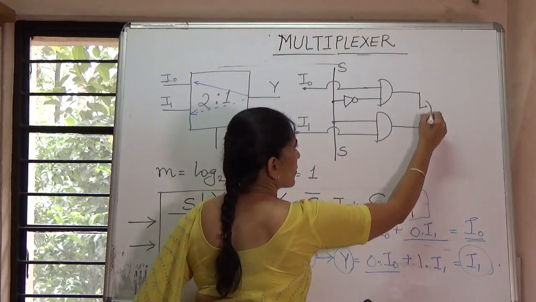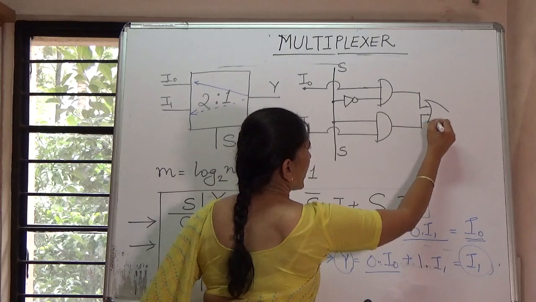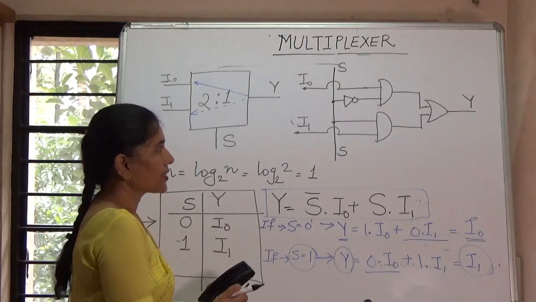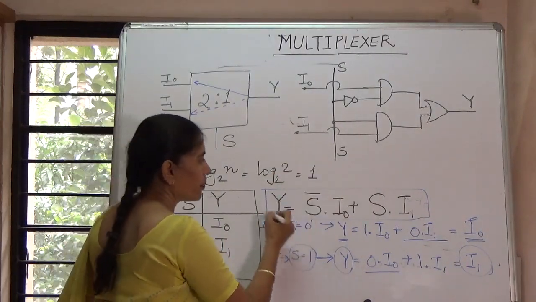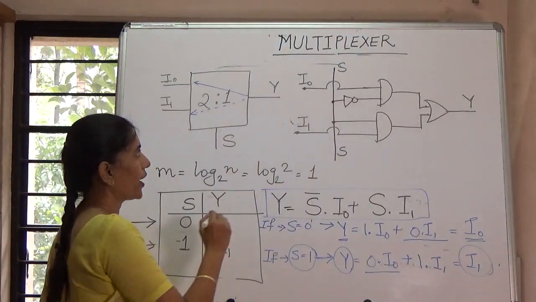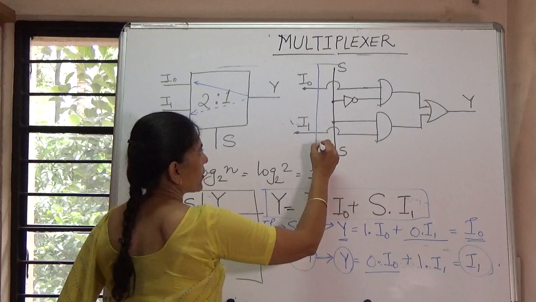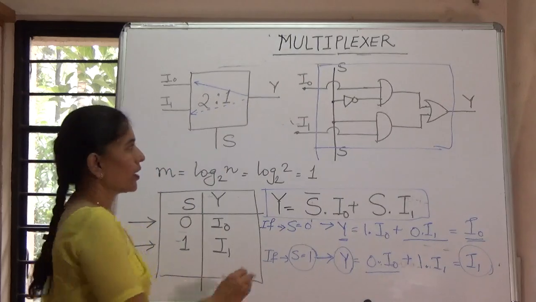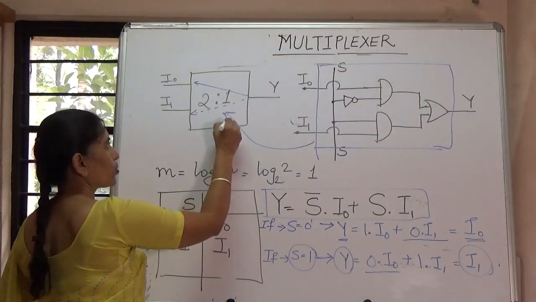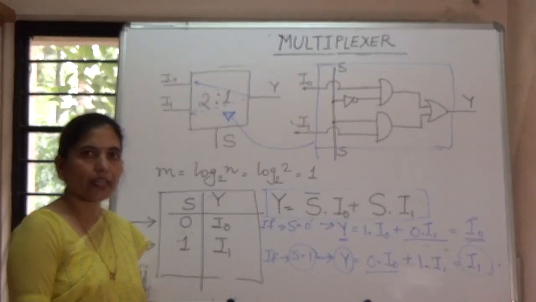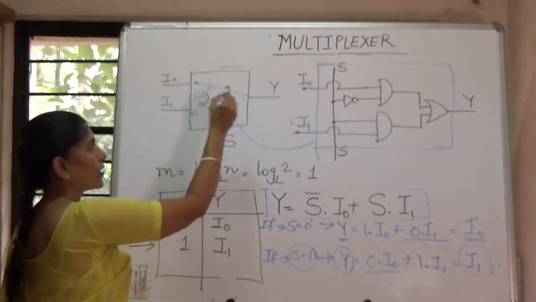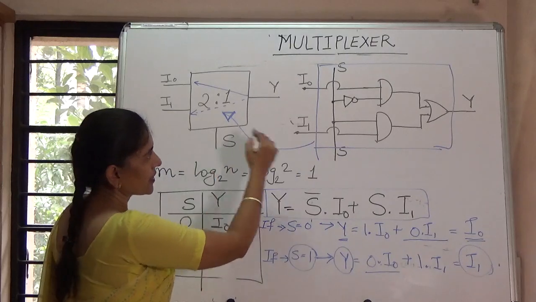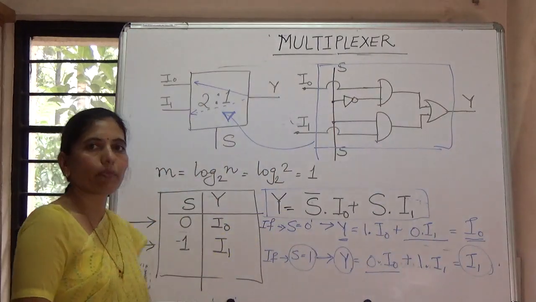So we connect them to an OR gate, and this gives us the output Y. Now you can see that we have implemented this expression for output Y, and if we put this as a block, this is what goes into this 2:1 multiplexer to obtain a multiplexing of I0, I1 inputs on the output line Y. So this is a simple implementation of a 2:1 multiplexer.